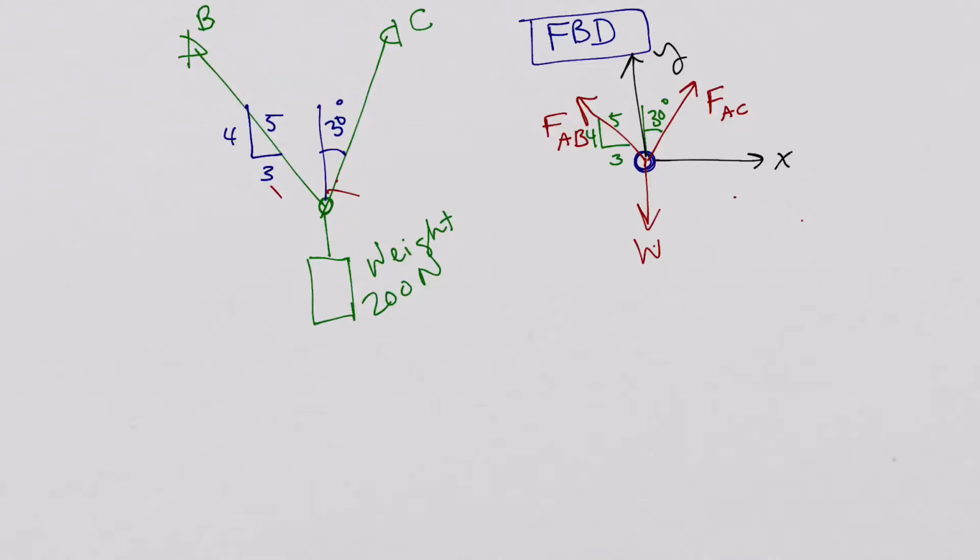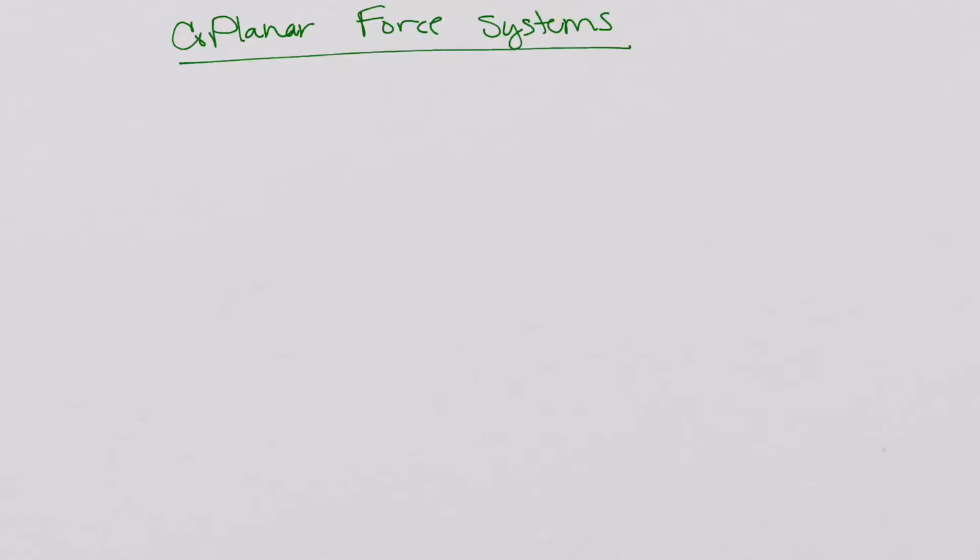For the next part, we're going to talk about the coplanar force systems. This is section 3.3. And basically with these, it's just that equation that I've already talked about.